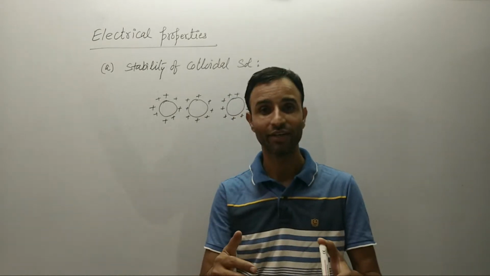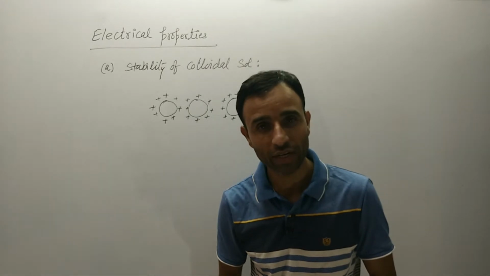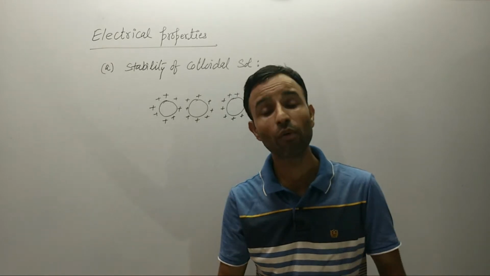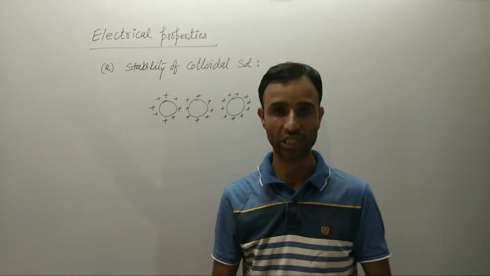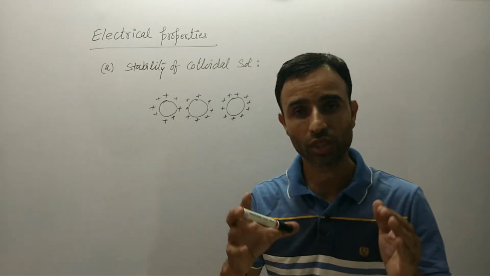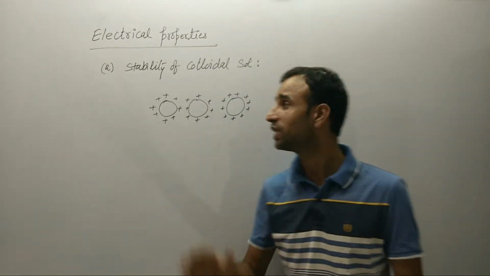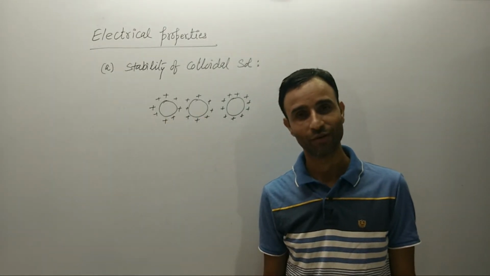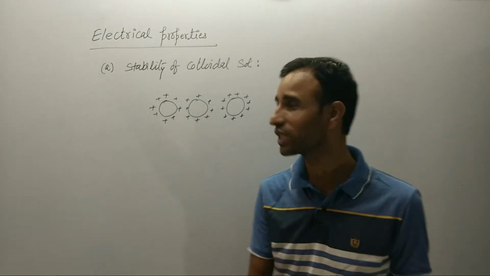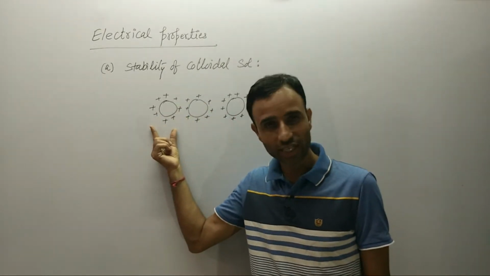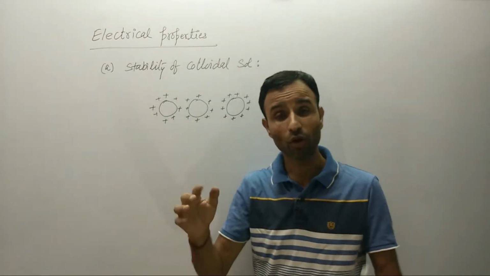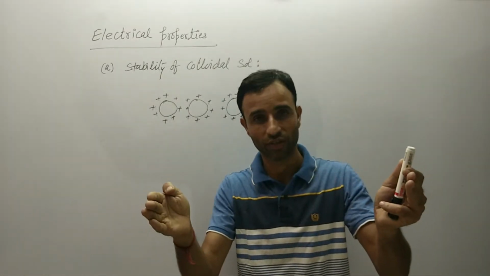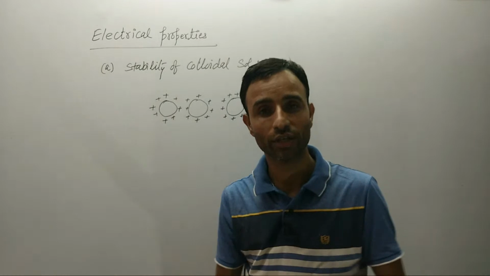But here this repulsion between the colloidal particles is a boon for the preparation and the stability of the colloidal solution. Because the colloidal solution is stable only because colloidal particles have the similar charge. How is it so? Because of these like charges they repel each other, and because of that repulsion they remain at a safe distance from each other. They are not able to come closer.